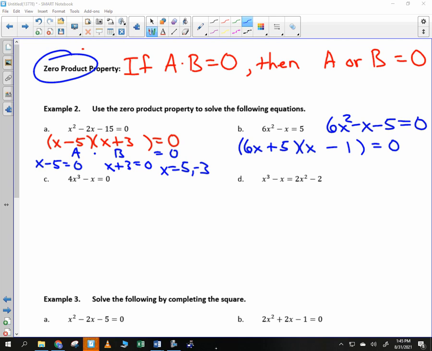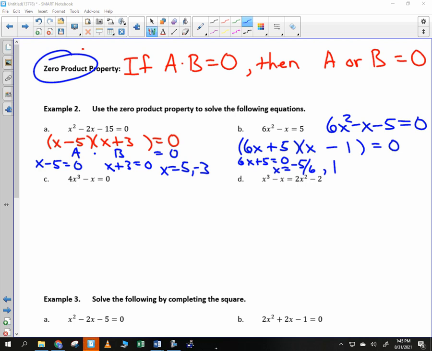Notice that if you check the inside and the outside, you do get negative x in the middle. So 6x plus 5 is equal to 0. So x is going to be equal to what? Negative 5 over 6. And x minus 1 equals 0. We have x equal to?